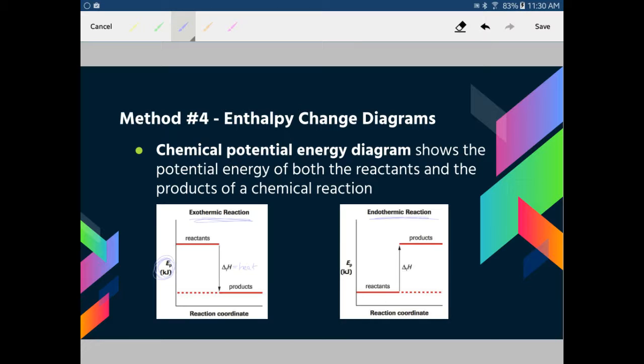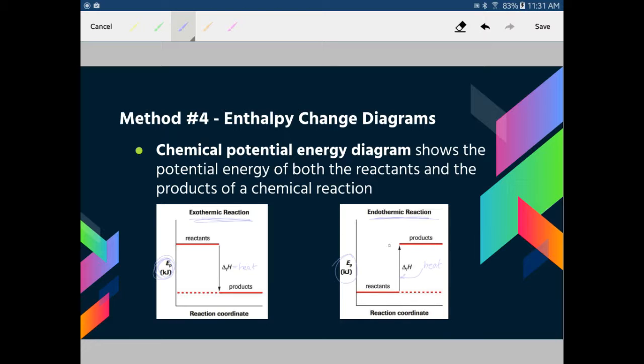If we look at an endothermic, it's the inverse. We see that our reactants are down on the bottom here. We gain, again, it's potential energy that we're looking at. We end up gaining potential energy, but this energy can't just magically appear. We had to input heat energy. We had to input heat to get our products formed.